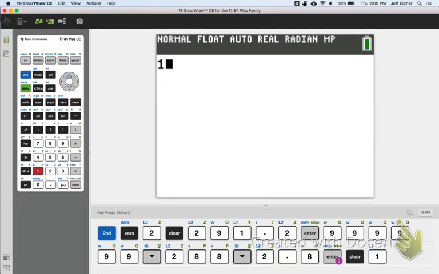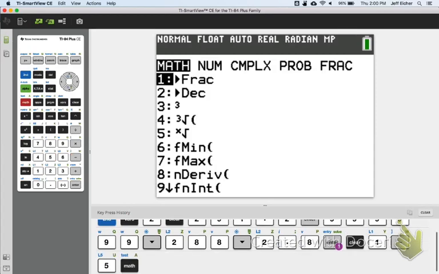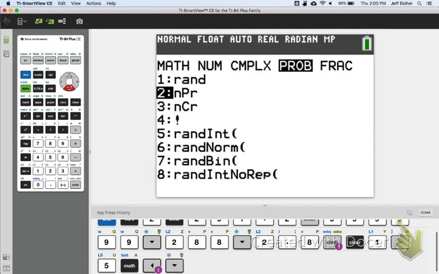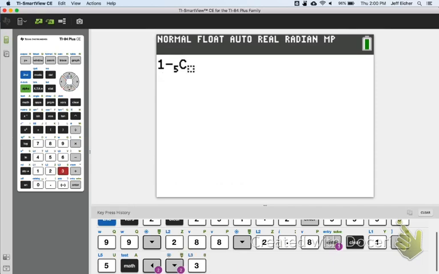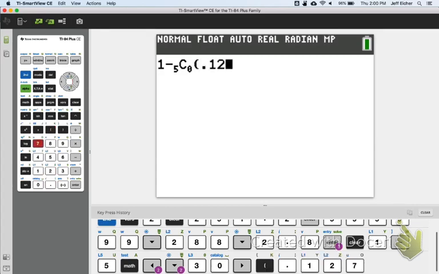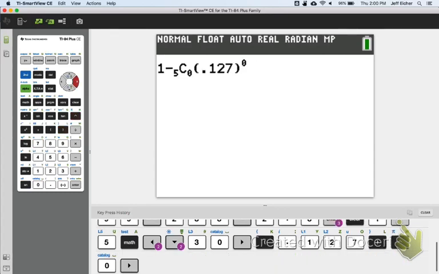So to see what that looks like on the calculator, we would have 1 minus the probability of 5 choose 0, times 0.127 raised to the 0, and then the complement of that.